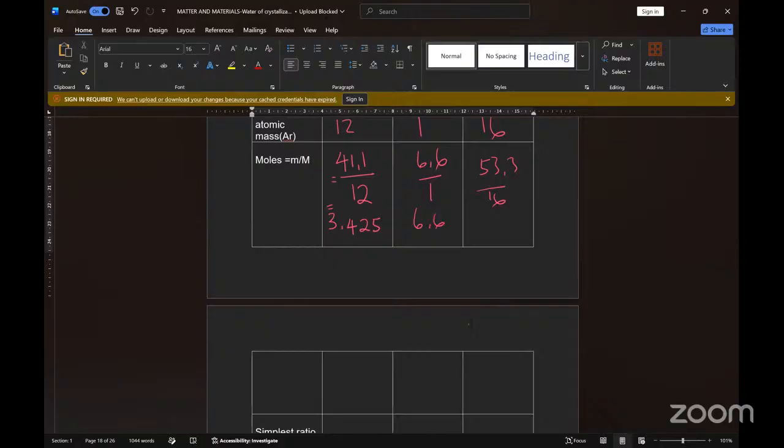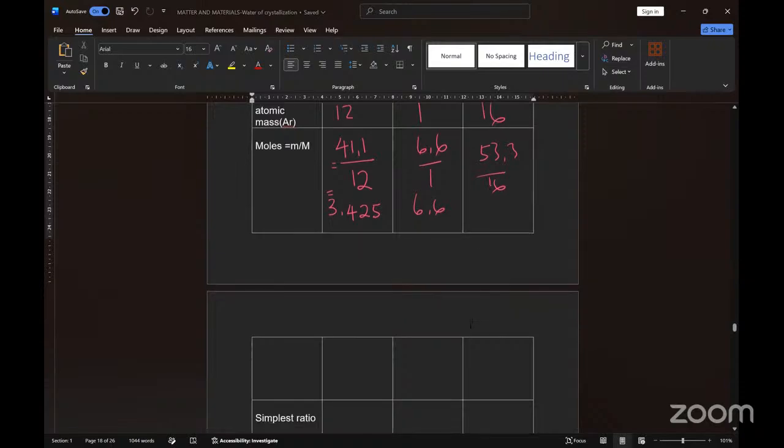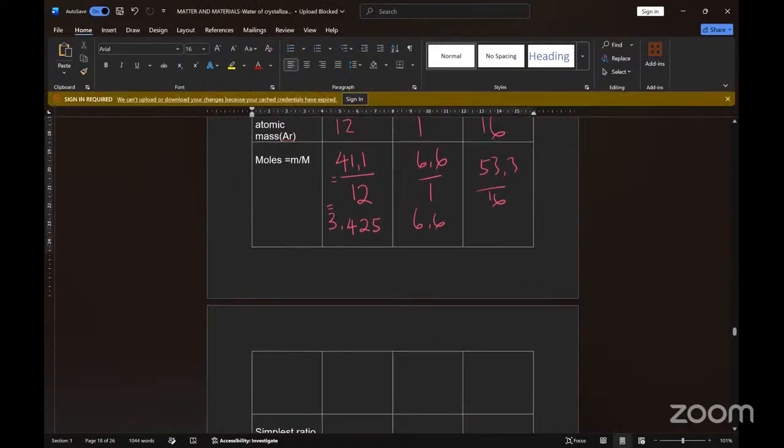And then 53.3 divided by 16 gives you, according to my calculator, 3.33125. I said 3 decimal places, so 3.331 would get you close.